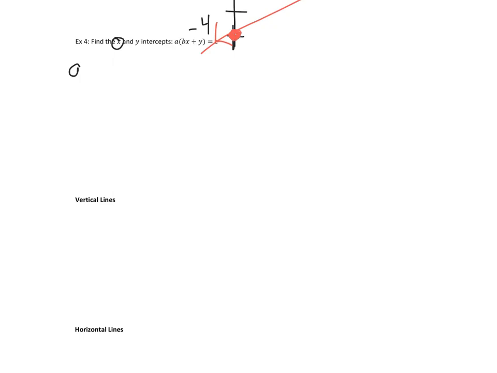So to find the x-intercept, we're going to let y be 0. I'll do that in red. And we're going to solve for x. All right, let's get rid of parentheses first. And remember, we're solving for x, so anything without an x is on one side.